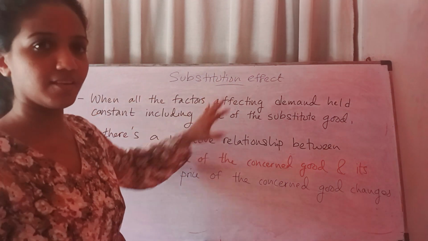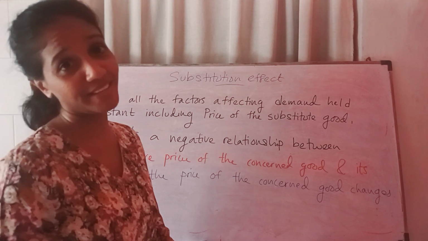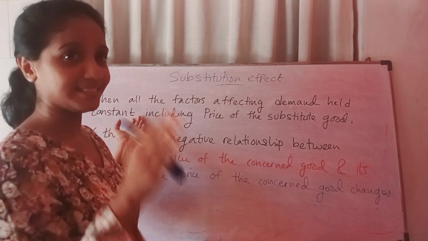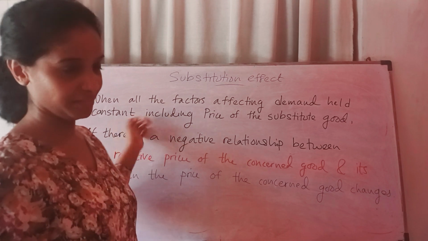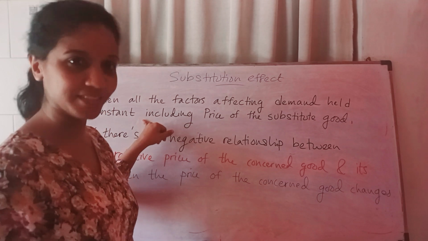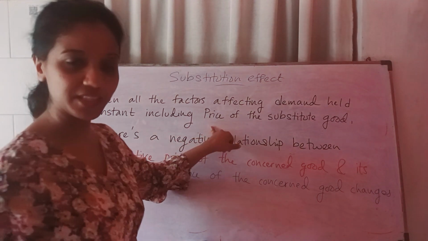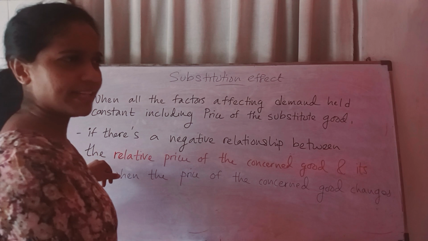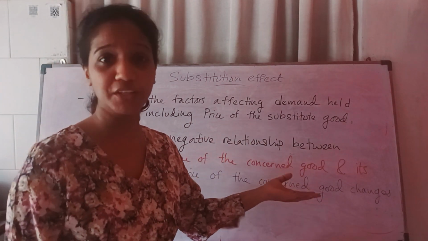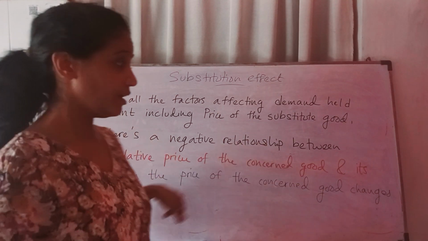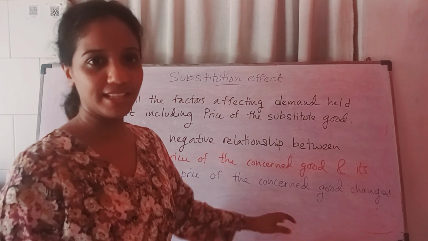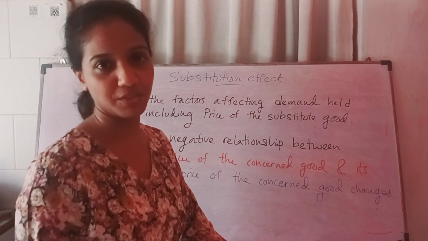One of the reasons of the law of demand is the substitution effect. So the substitution effect means what? Under the assumption of ceteris paribus, which means all other factors affecting demand are held constant, including the price of the substitute good, when there is a negative relationship between the relative price of the concerned good and its quantity demanded, when the price of the concerned good changes. That is the meaning of substitution effect.